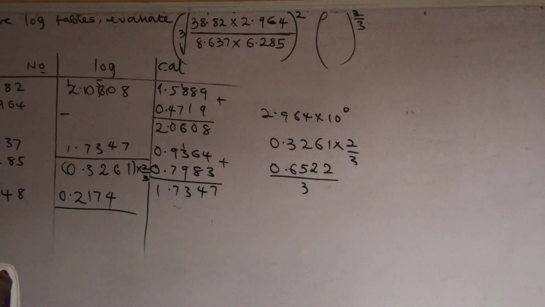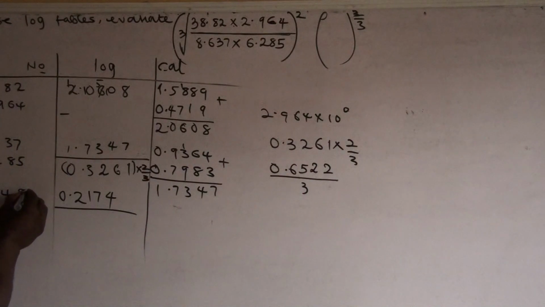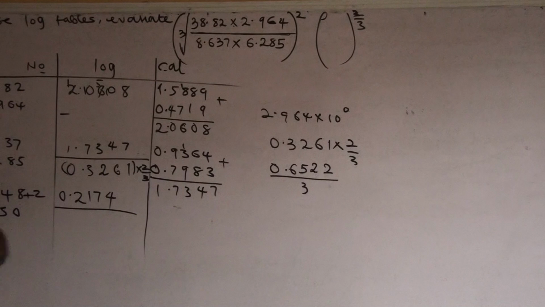21 under difference 4 is 2. So we add the difference to it, plus 2, and everything here will become 1650.